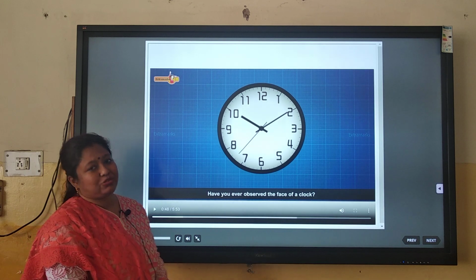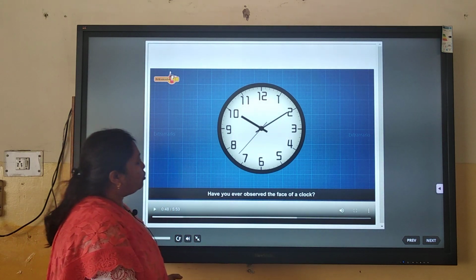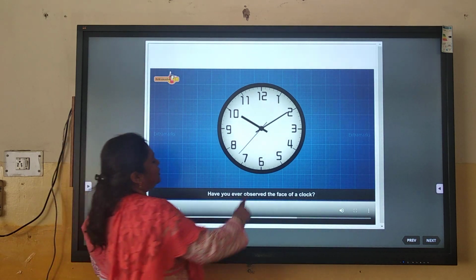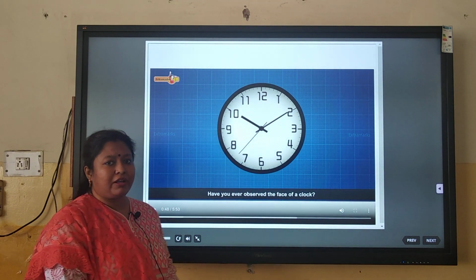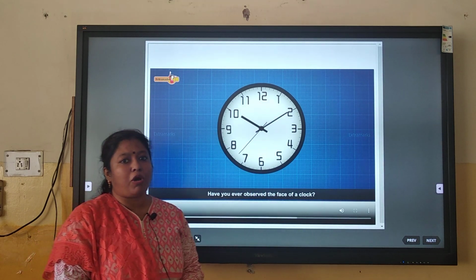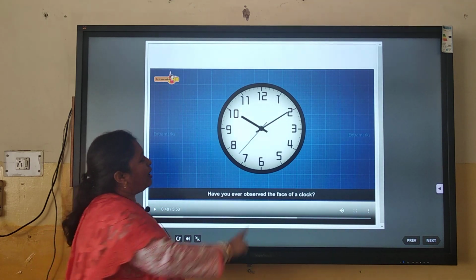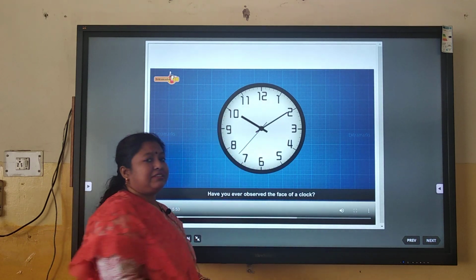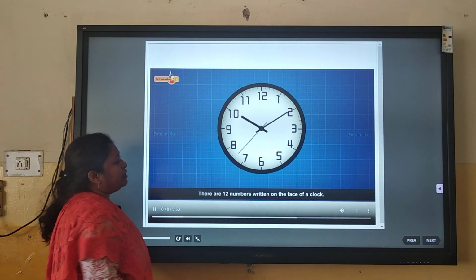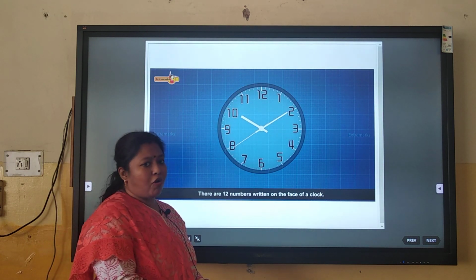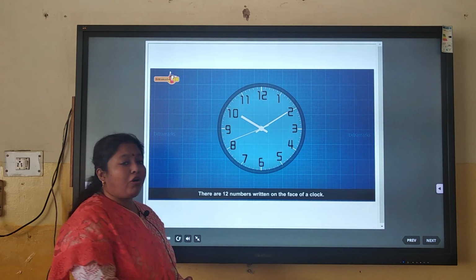Okay dear children, you also must have observed that there are 12 numbers written on a clock face. Generally the wall clock that we use, you must have seen that there are 12 numbers written on the face of the clock. Children, such a clock is called an analog clock.